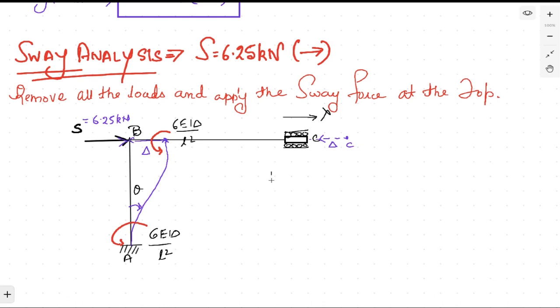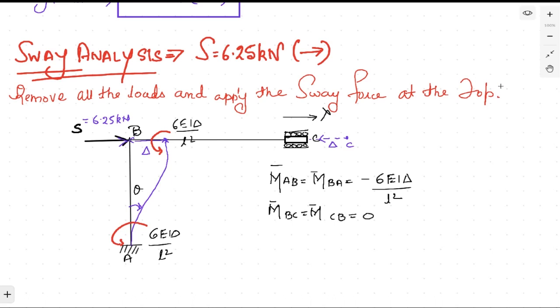Now let's write these sway moments. It means that I can say that in the case of sway, this M bar AB is equal to this M bar BA, and both of these will be equal to minus 6 EI delta divided by L square. And this M bar BC, which will be equal to M bar CB, will be equal to 0.